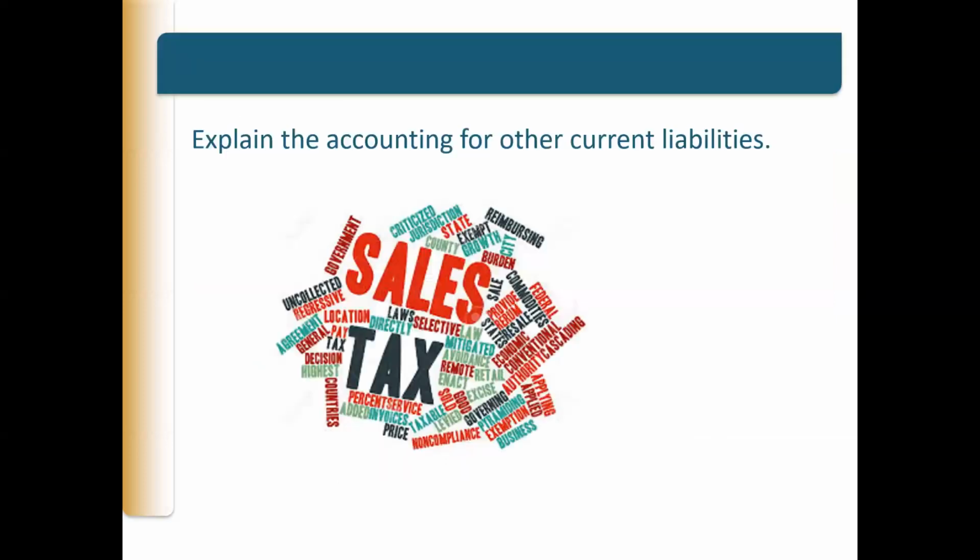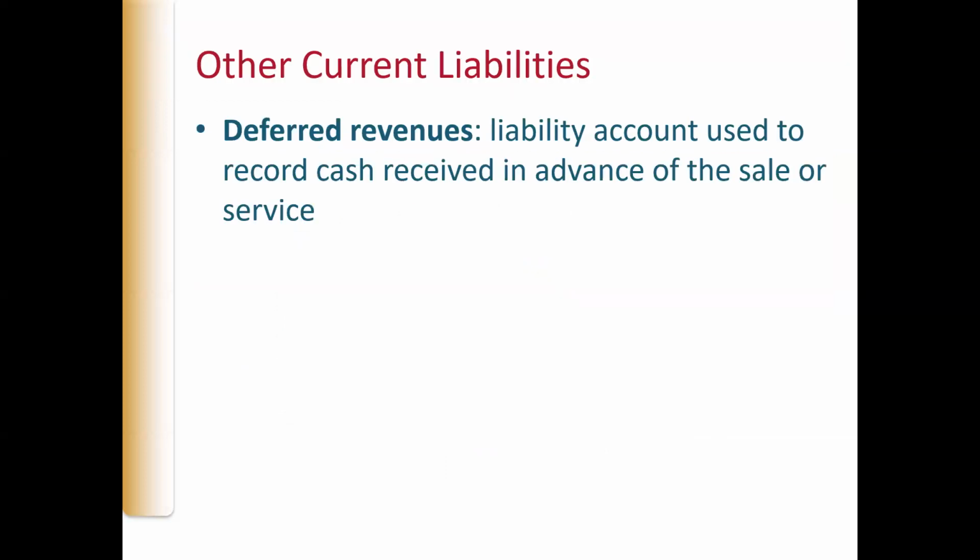Now, there are some other current liabilities we'll address. One that you are familiar with is called deferred revenues, a liability used to record when cash is received in advance before we provide a sale or service to a customer.